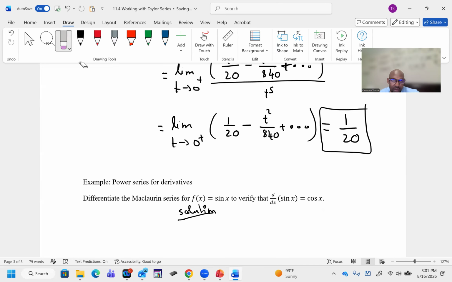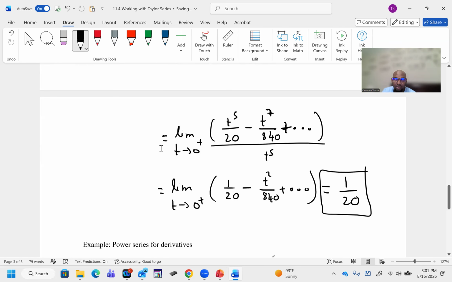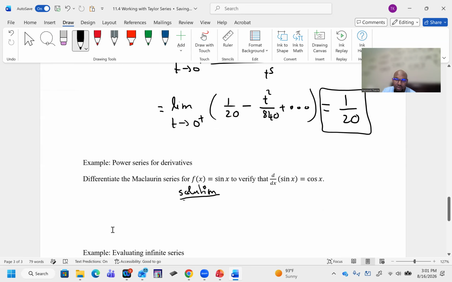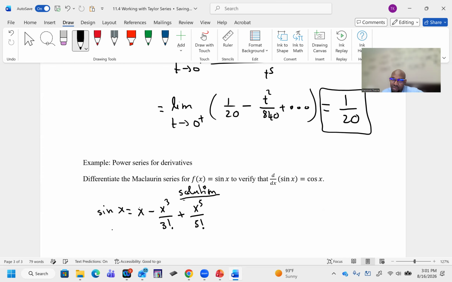We will write from the table of common Taylor series: sin x is equal to x minus x cubed divided by 3 factorial, which is 6, plus x to the power of 5 divided by 5 factorial, minus x to the power of 7 divided by 7 factorial.